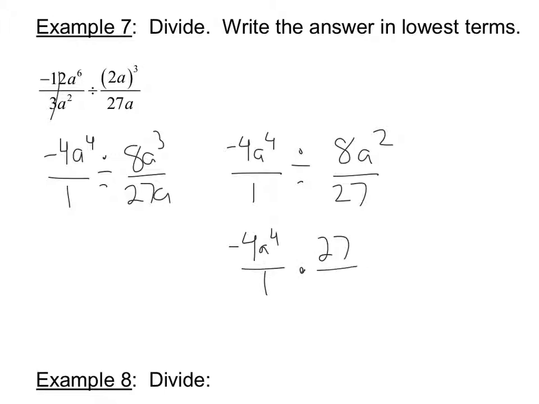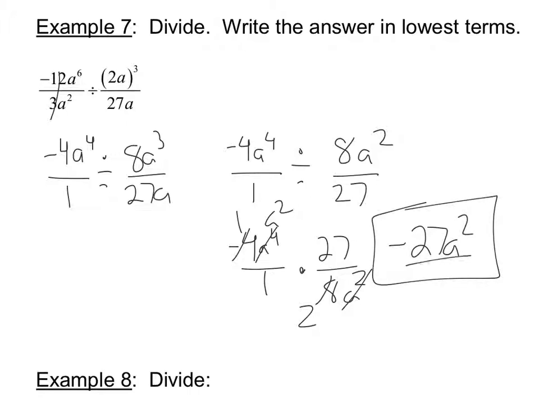And see how it's now just back to multiplication? So 1, 2, those cancel out. That's a squared. So I have negative 27a squared over 2. Okay? So let's take a look at another one.